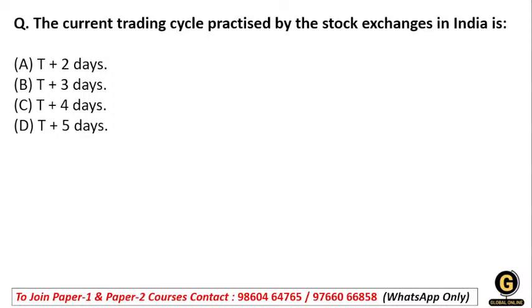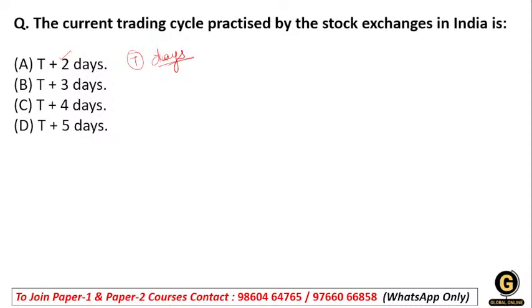First of all, what is the meaning of T plus 2? T plus 2 is a settlement cycle, which means that a transaction made on a particular trade day, that is T day, is settled in 2 days.